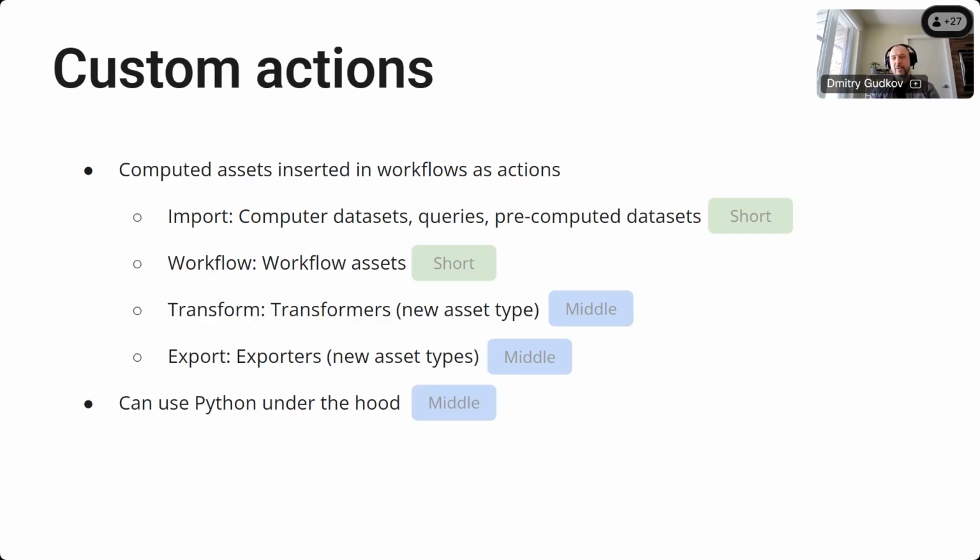As you know, EasyMorph has many built-in actions, almost 200 different actions that can be used for all kinds of transformations and automations.